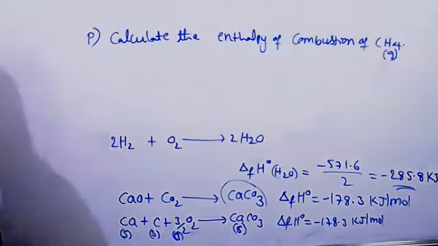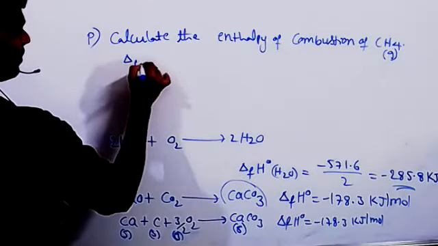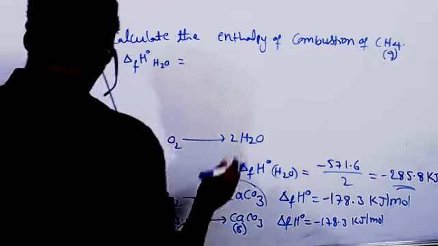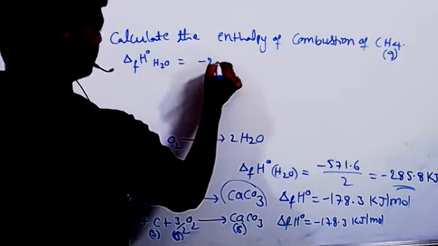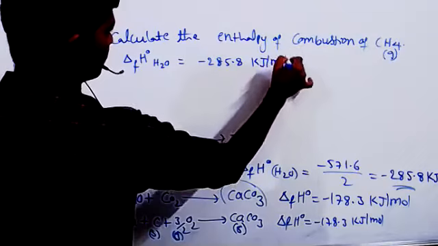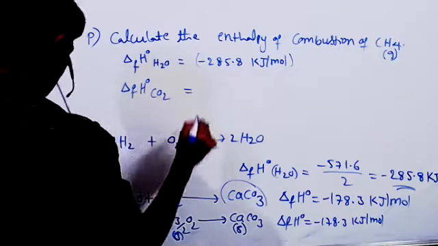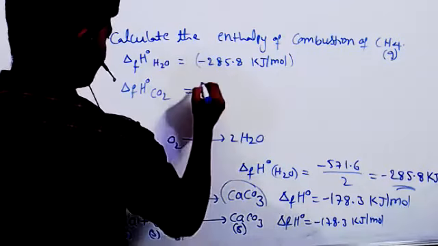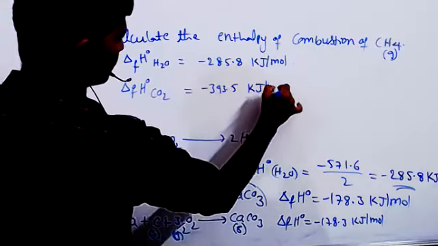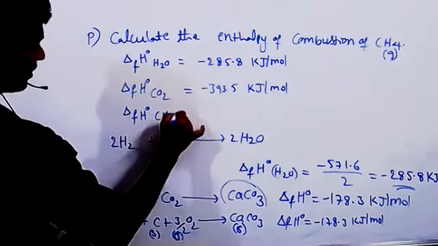Here given: enthalpy of formation of H2O equal to minus 285.8 kilojoule per mole, enthalpy of formation of carbon dioxide is minus 393.5 kilojoule per mole, and enthalpy of formation of methane is minus 74.9.